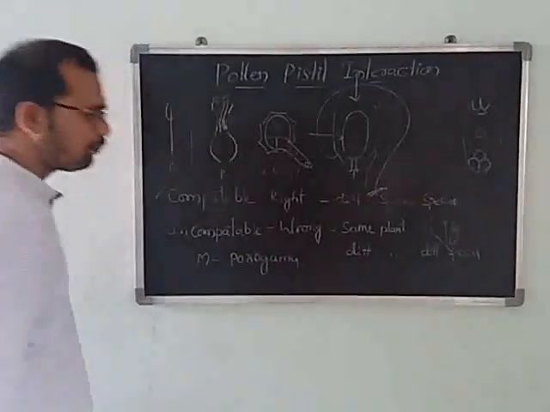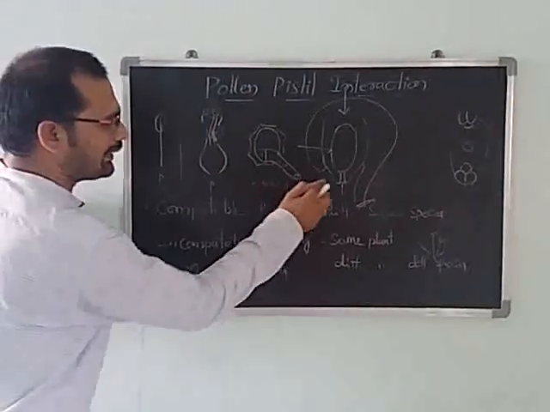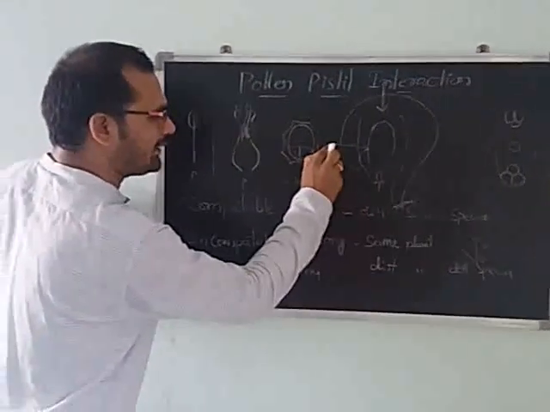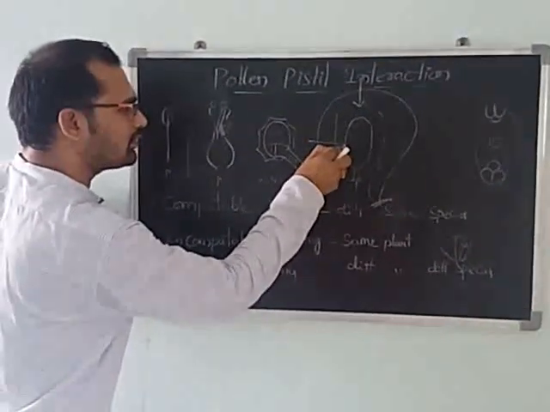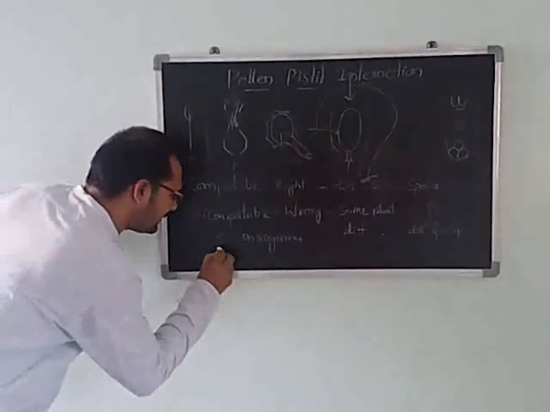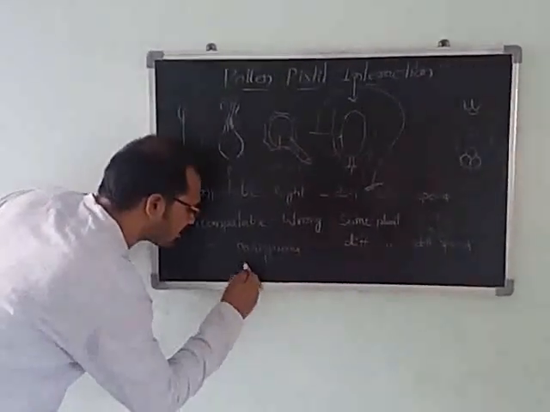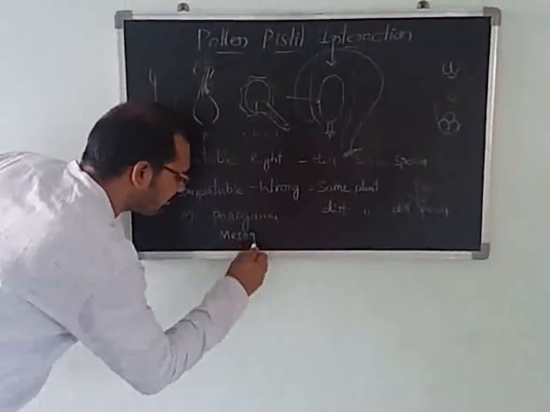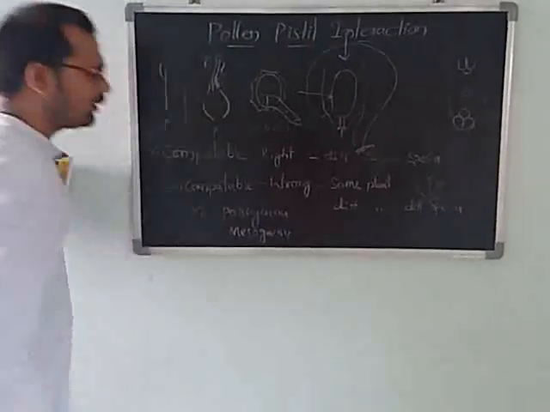Porogamy. If the pollen tube enters through the integuments to fuse with the egg cell, that is called mesogamy.